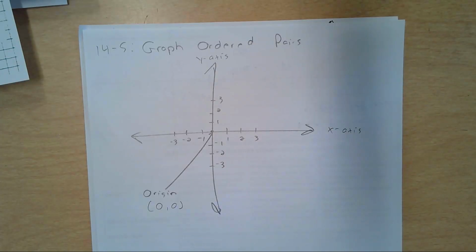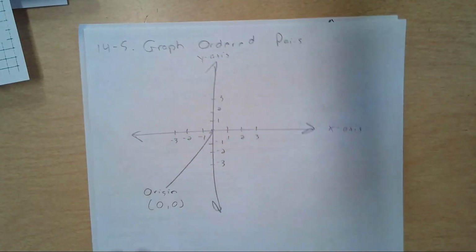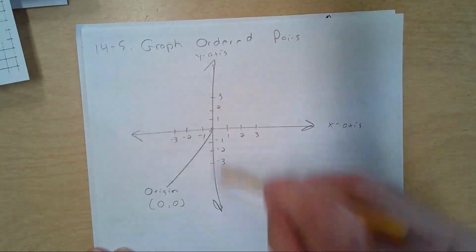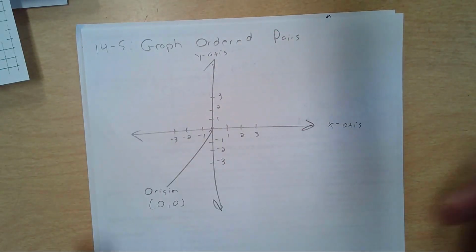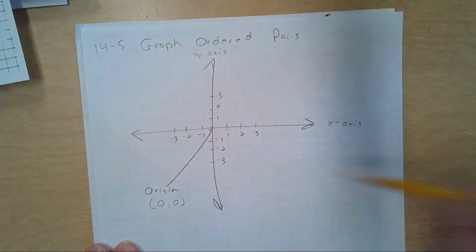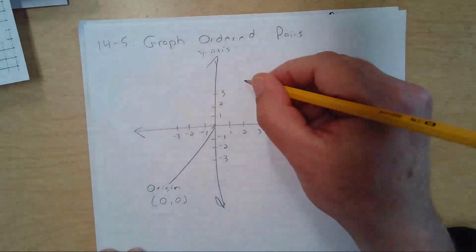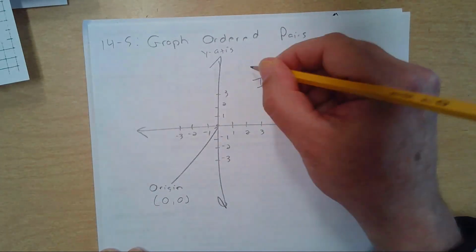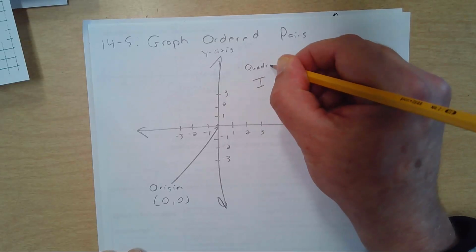So if I wanted to name points here, I'll do that in a minute. But on these axes are their own thing, and there are 1, 2, 3, 4 big wide open boxes here that are called quadrants. There are 4 quadrants available here. This one over here is quadrant 1.